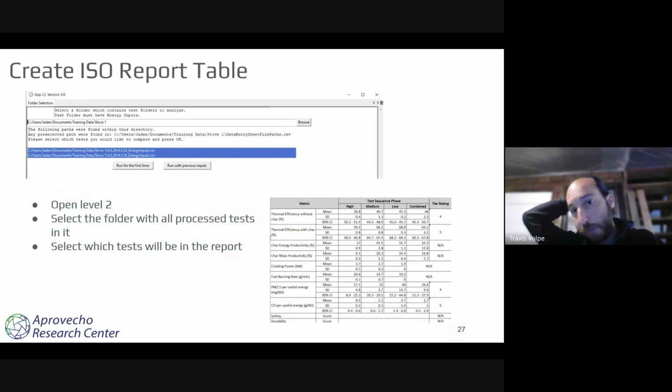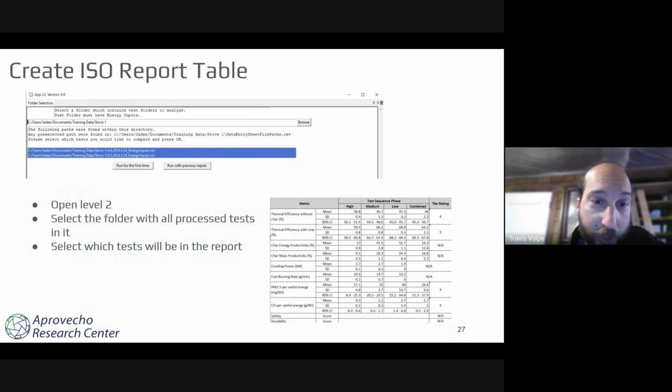Once the data gets processed at its basic level, considered level 1, which will get a table of results, we're also able to compare multiple tests. So for a full series of ISO tests, generally there would be 5 tests used to result in the average.